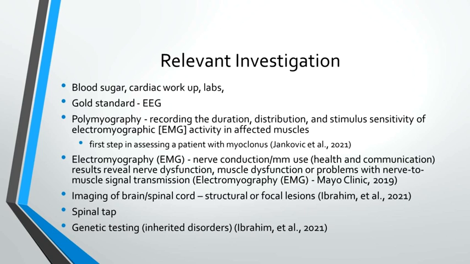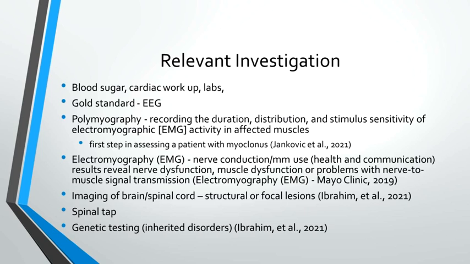So this is used to determine whether something is happening in the brain, in the nerves going to and from the muscles, or within the muscles themselves. The EMG helps with that, looking at nerve conduction and muscle use. They map that up.